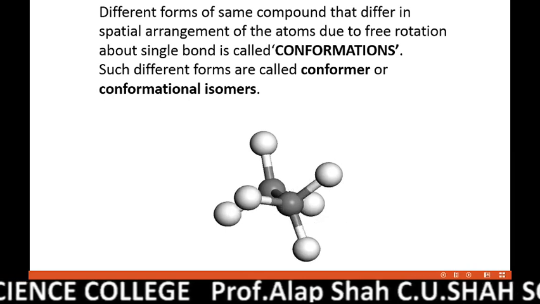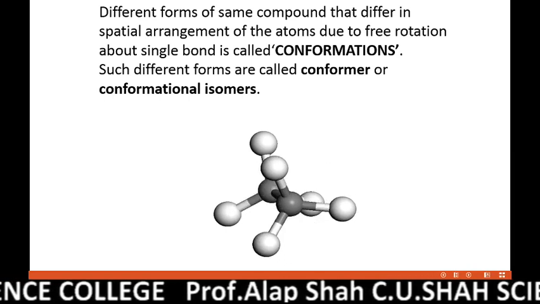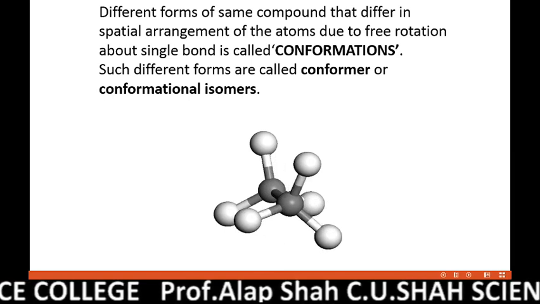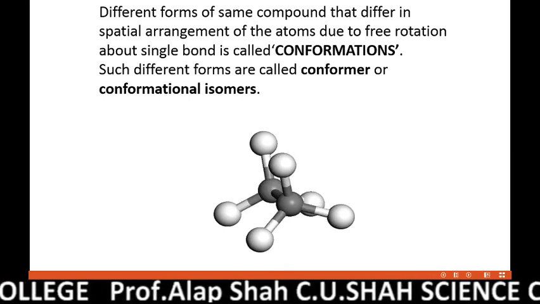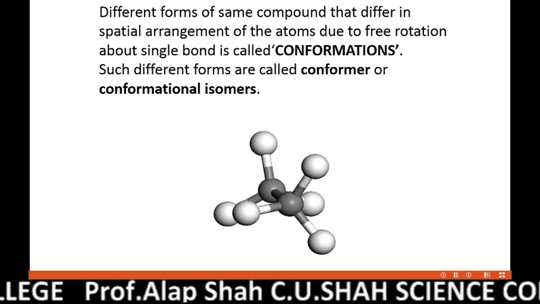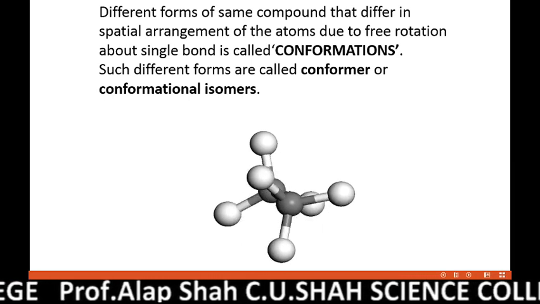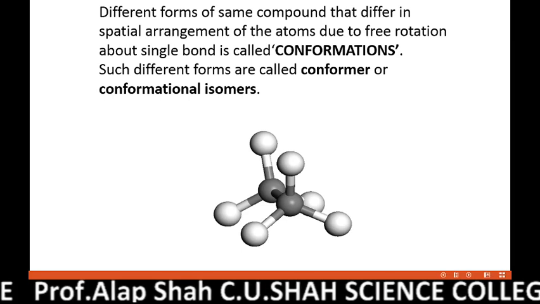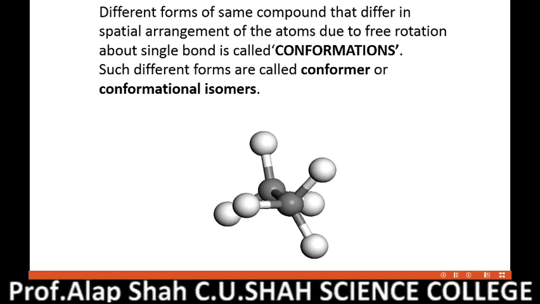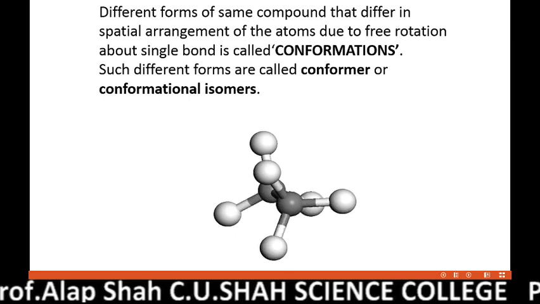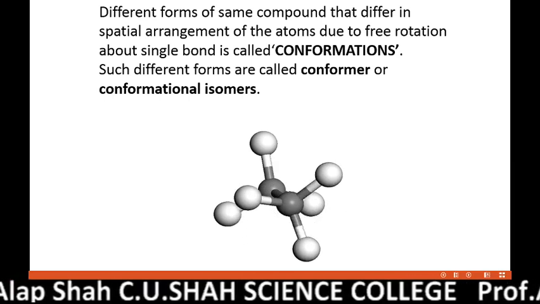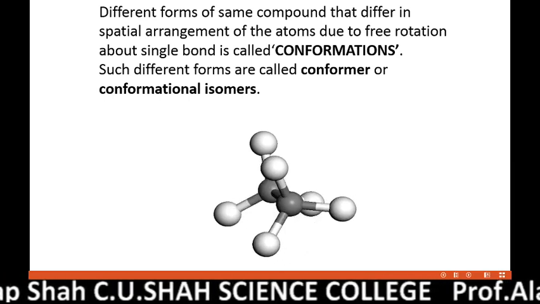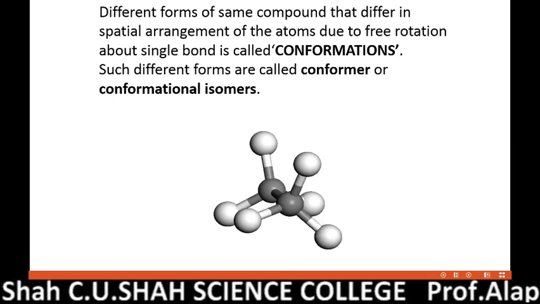What is the meaning of conformations? So you can see in this animation different forms of the ethane molecule. It can rotate, or we can say that because of the carbon-carbon single bond, free rotation is possible, and all the different forms which you can see are called conformations.